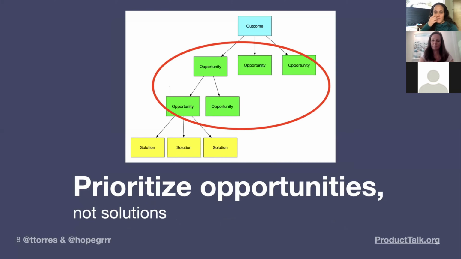And then the last thing we covered in part 2 was prioritizing in the opportunity space rather than the solution space. So rather than taking a whole bunch of solutions and ranking them against each other, comparing apples to oranges, first making that strategic decision in the opportunity space and saying, which problems are most important for us to solve, which opportunities would have the biggest impact on our outcome.